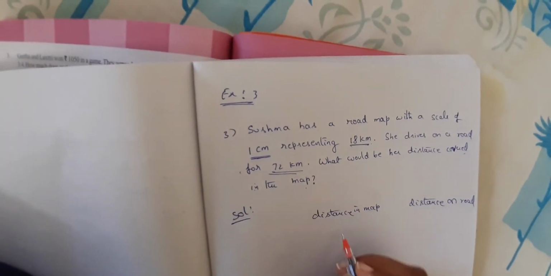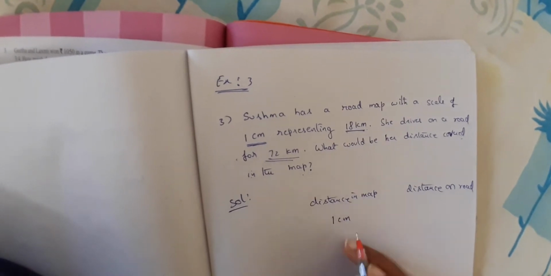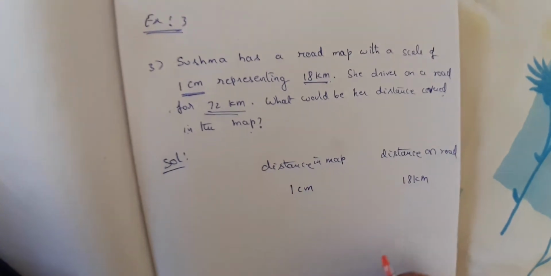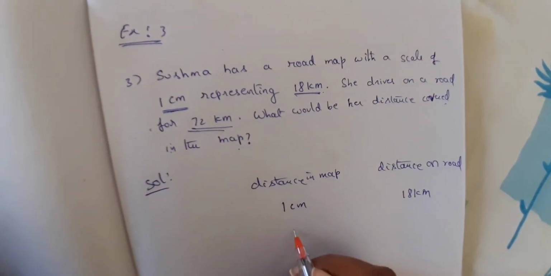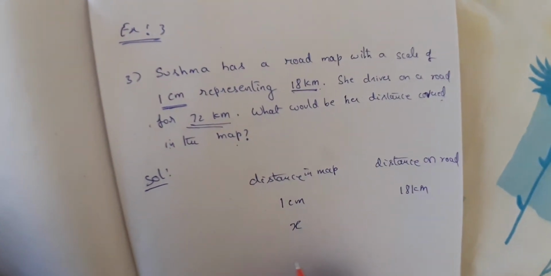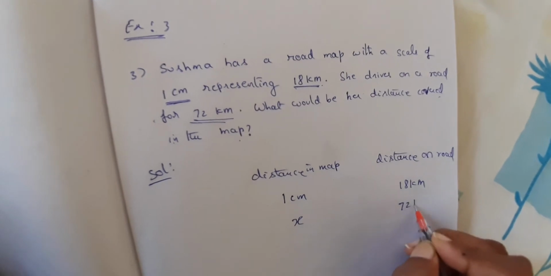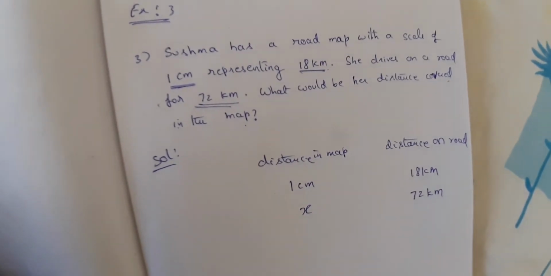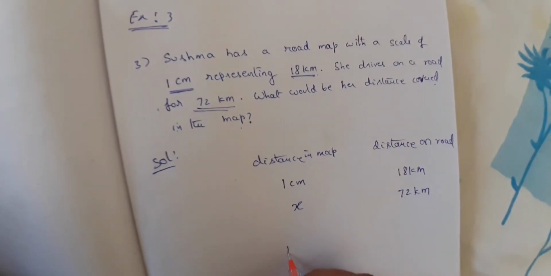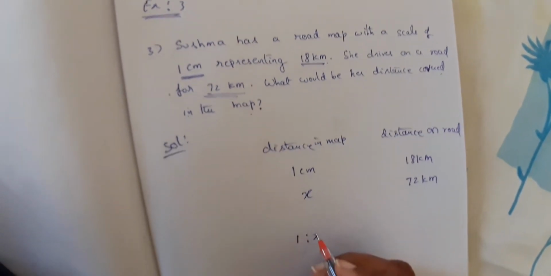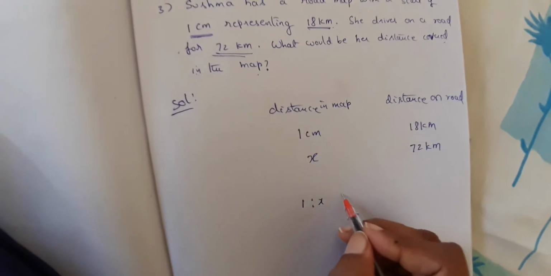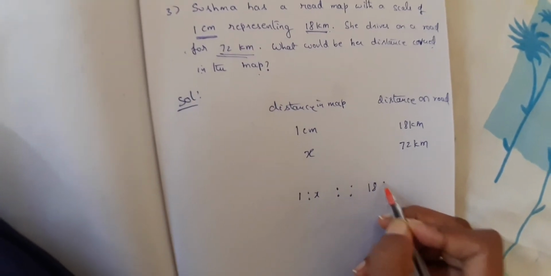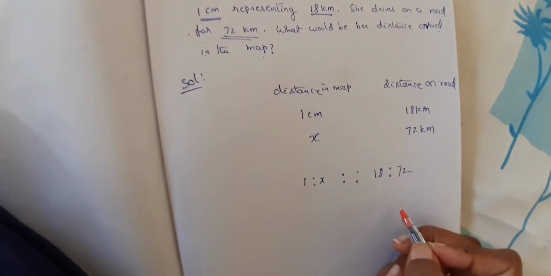So distance in map, first one is 1 centimeter. Distance on road is 18 kilometers. Distance on map, we don't know what it is, x. Here it is 72 kilometers because she moved 72 kilometers. Very easy. So now 1 is to x, same column, as 18 is to 72.